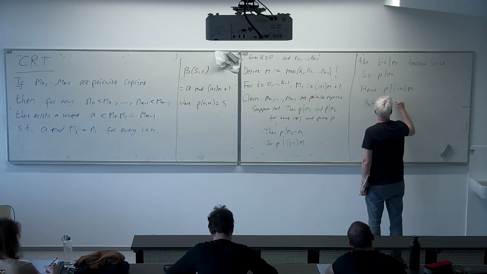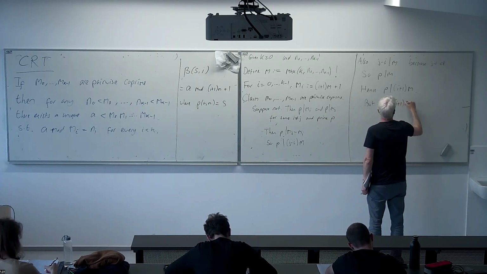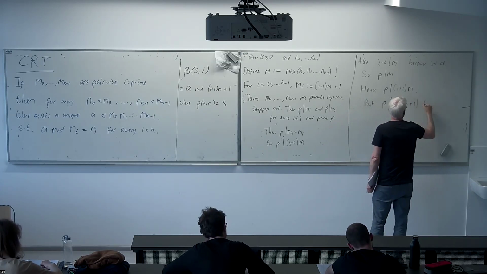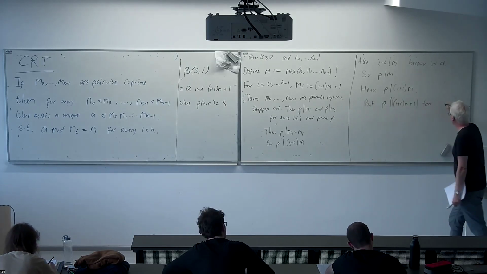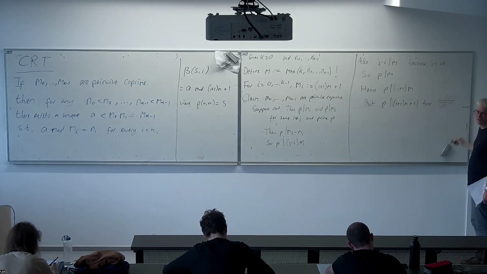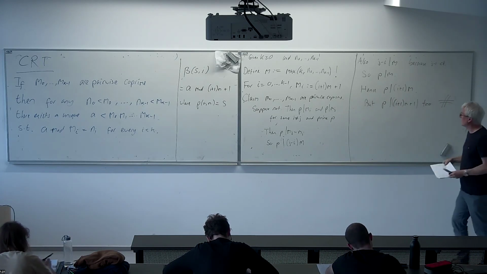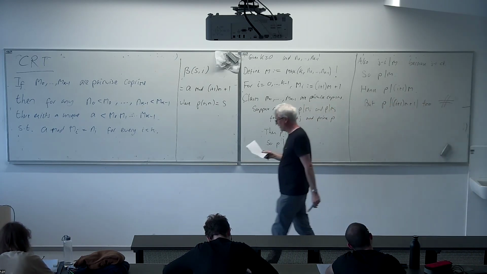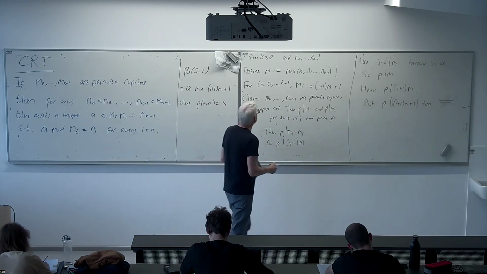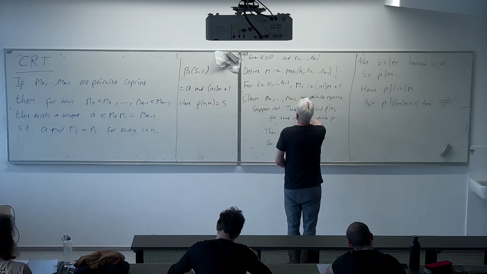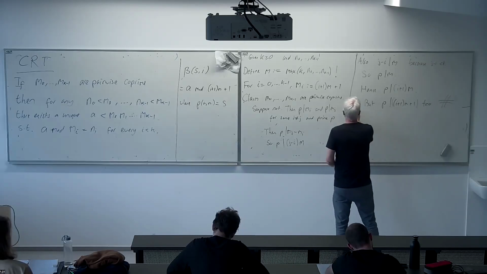But p divides i plus 1 times m plus 1 too. That's a contradiction, and the symbol I use for a contradiction is a hash. Like this, you can use whatever symbol you want. Okay, so the claim holds. That's that. These are all pairwise coprime.